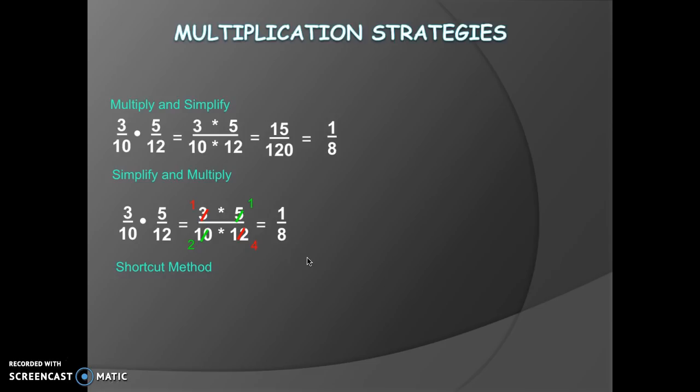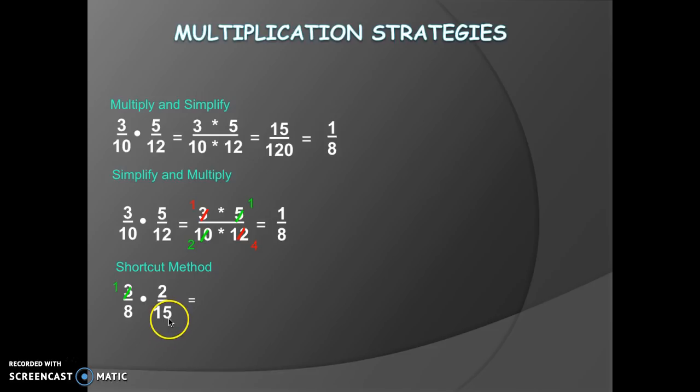Okay, the shortcut method is basically the same, only I'm going to do my simplifying right away. I'm not going to rewrite the problem over here. So when I look, I see that 2 is a factor of 8, 3 is a factor of 15, 3 divided by 3 is 1.